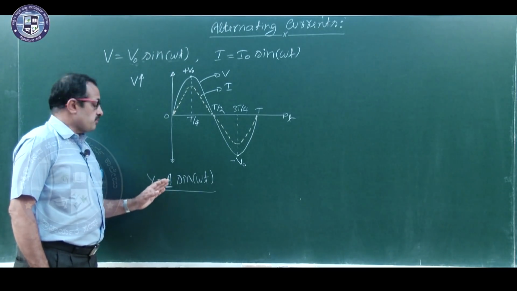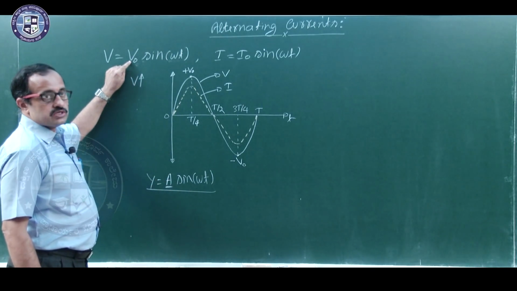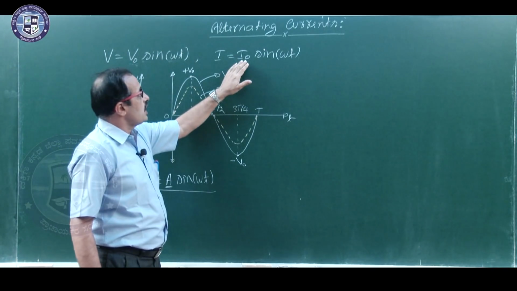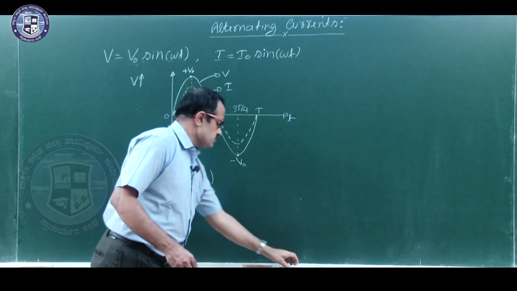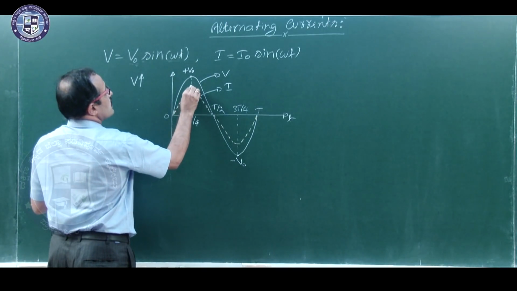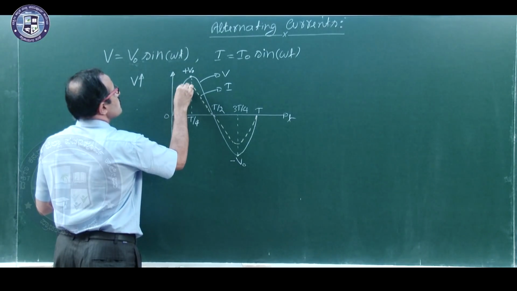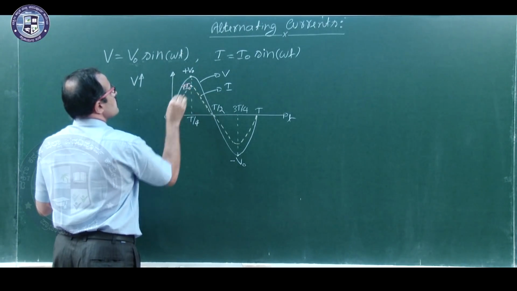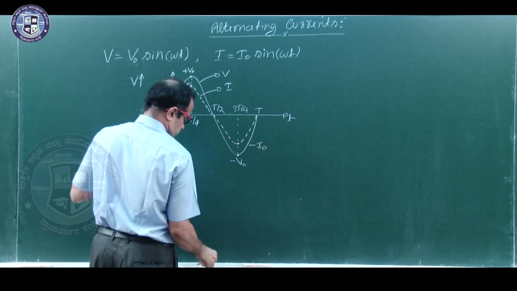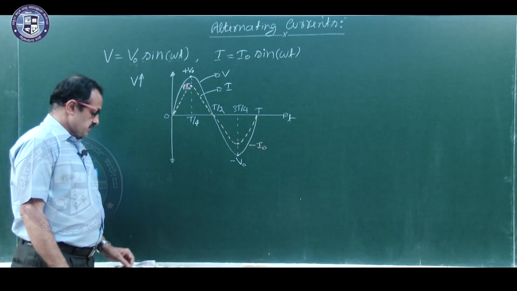We studied amplitude in SHM. So, here it is V naught. Therefore, we can say it is the amplitude of voltage. Then what is I naught? Amplitude of current. So, this is plus I naught and this is minus I naught. So, this is the graph of both voltage and current.